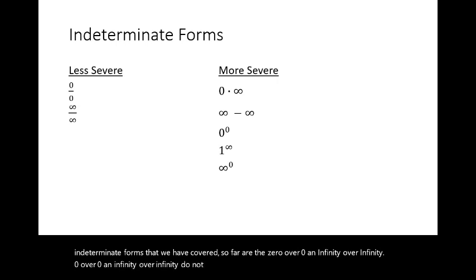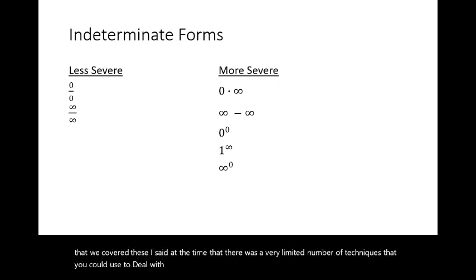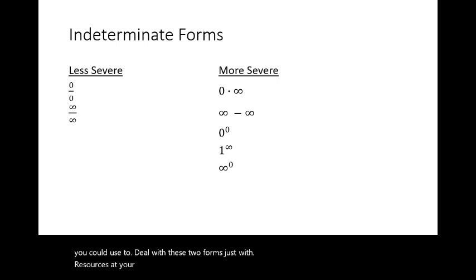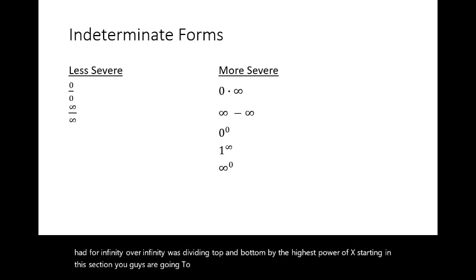They are indeterminate forms, and the last time that we covered these, I said there was a very limited number of techniques that you could use to deal with these two forms with the resources at your disposal. For 0 over 0, all you had were factoring and rationalizing, and all you had for infinity over infinity was dividing top and bottom by the highest power of x. Starting in this section, you are going to be able to use what is called L'Hopital's rule to deal with these indeterminate forms.